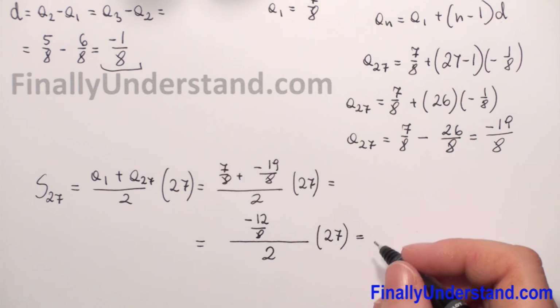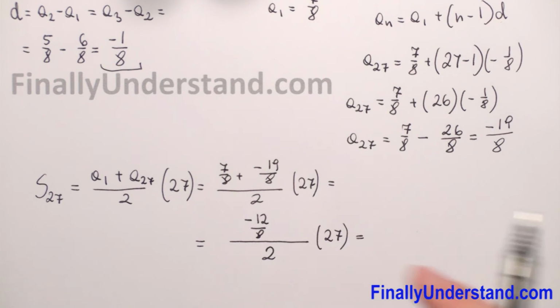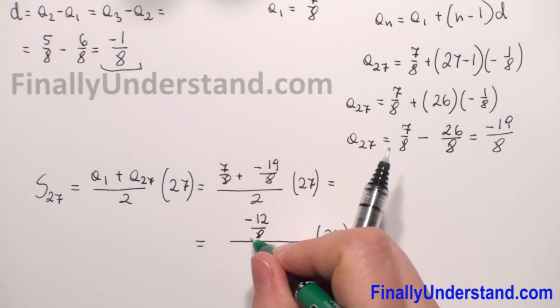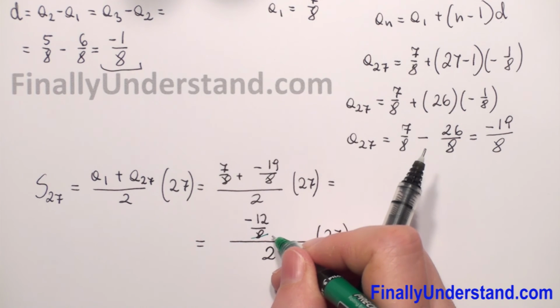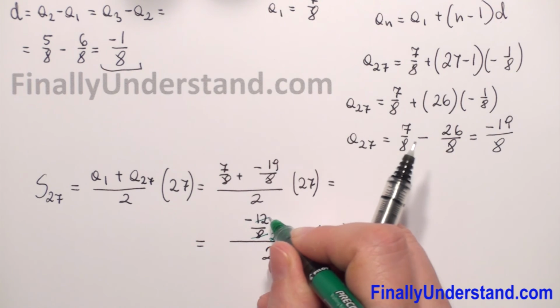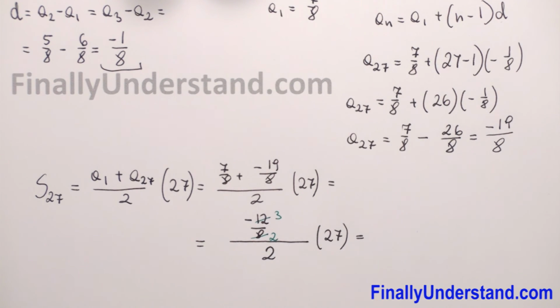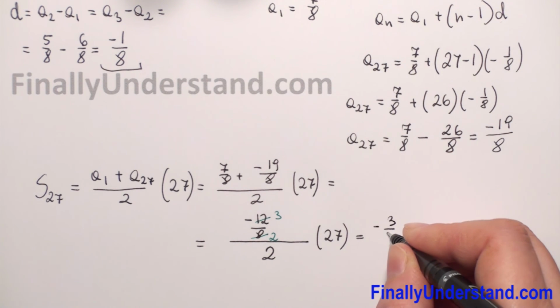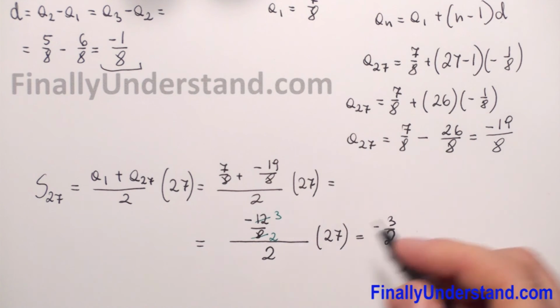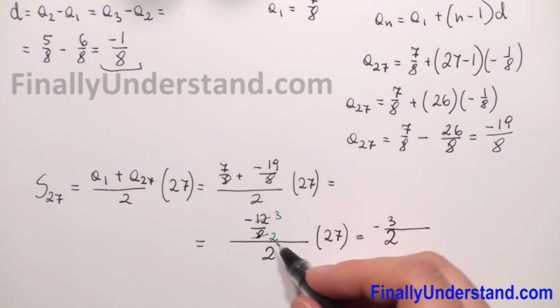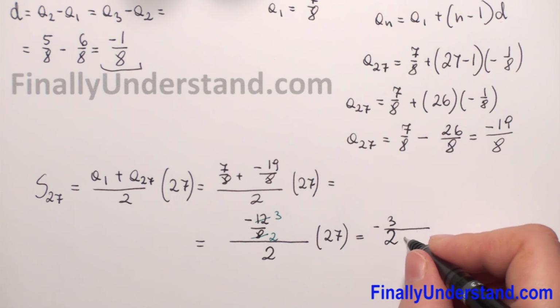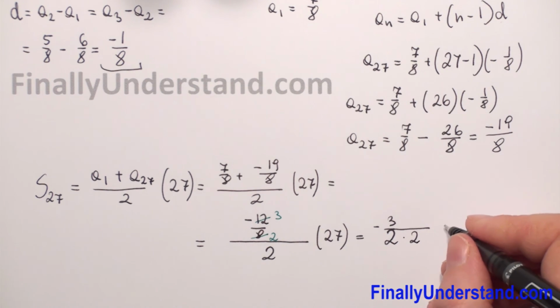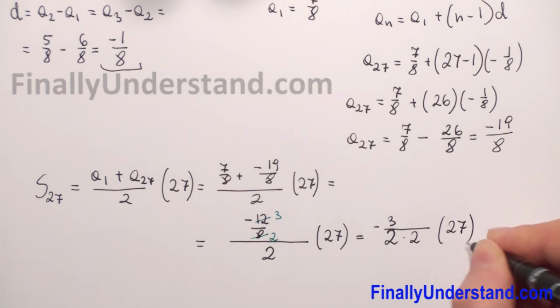So this is equal to, we can reduce 8 and 12, divided by 4, so it will be 2 and 3. So we have negative 3 over 2. We have divided by 2, so we can take this to the denominator, so it will be times 2, times 27.